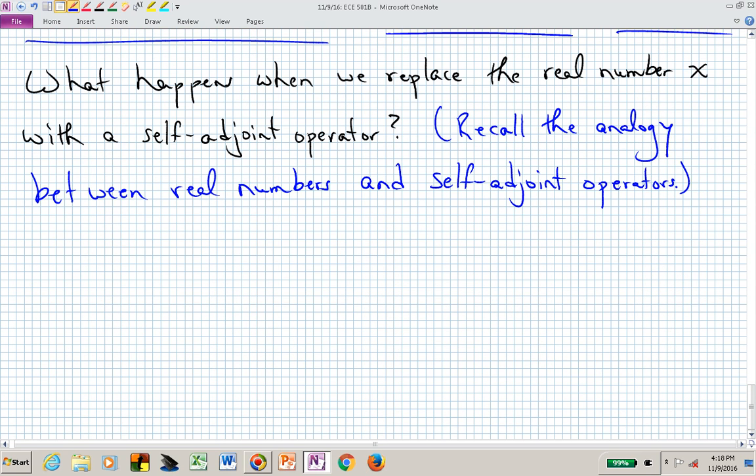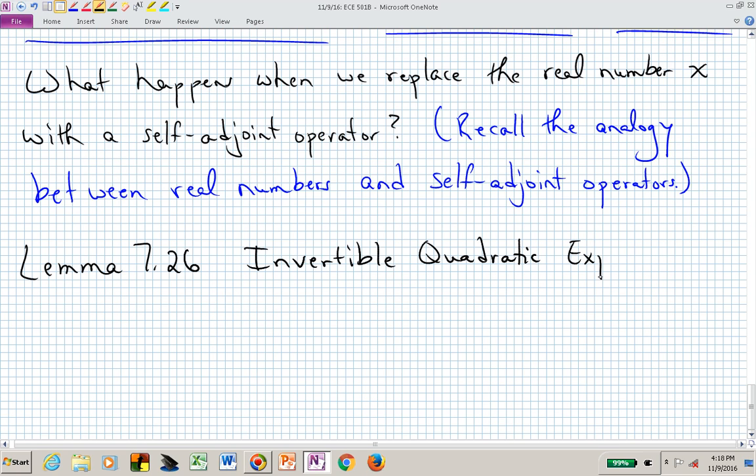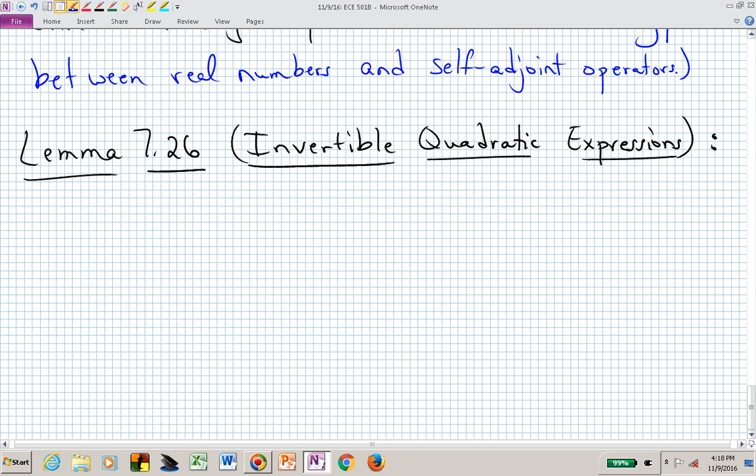And with that connection, we can come up with the following lemma, which is lemma 726, and that one is entitled invertible quadratic expressions. Which says the following.